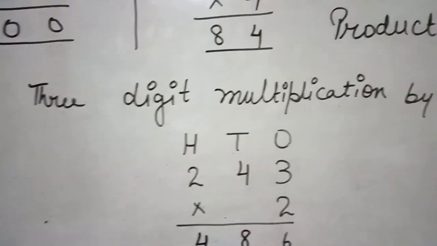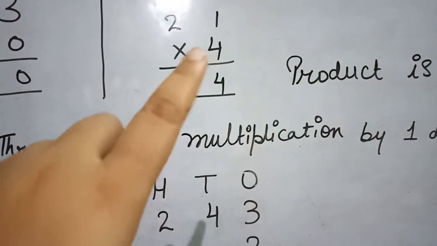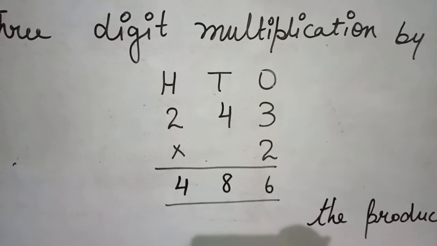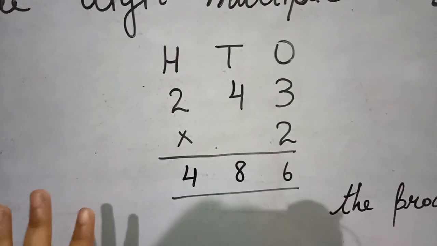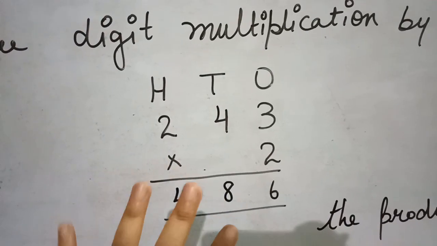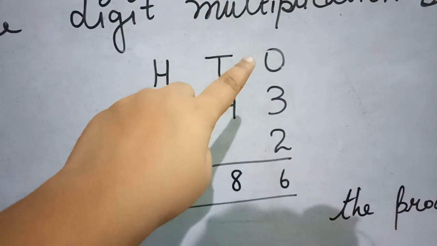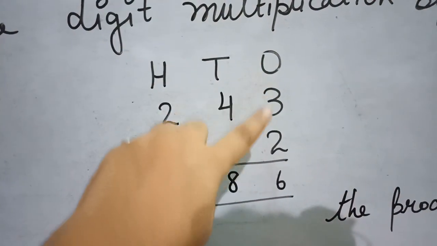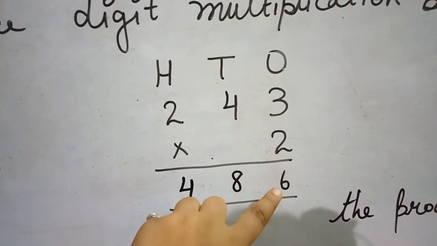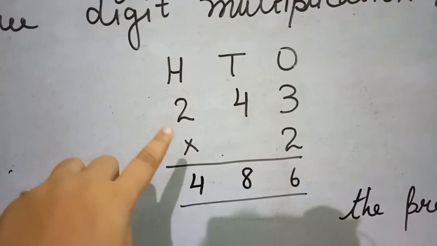Now come to the other point: 3-digit multiplication by 1 digit. We are doing 1 digit. Here we divided into three sections: ones, tens, hundreds. In the first step we will multiply the ones. 2 3s are 6, 2 4s are 8, 2 2s are 4.